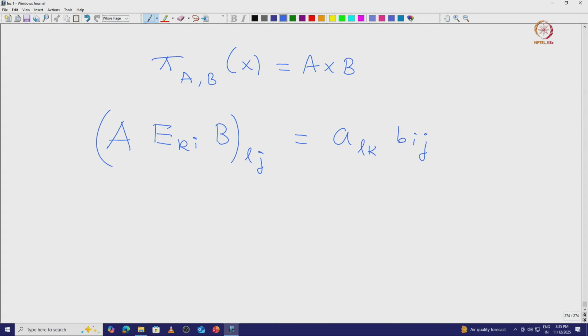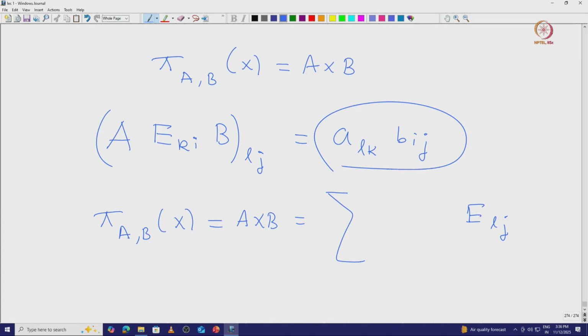So, that means if we write down the matrix of this operator pi A B, you can see that pi A B of X, which is exactly given by A X B, we rewrite in terms of a linear combination of E l j.